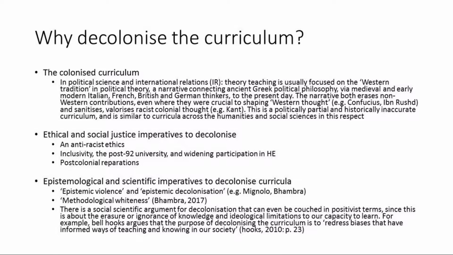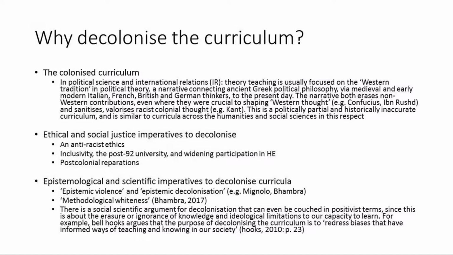Because what these arguments give us, and I've given a few examples here of concepts that are useful for making these arguments, is a language with which to say, well, actually, this is not simply an ethical or political question. It's also a question about epistemology, about knowledge. You're going to have an incomplete knowledge of the world if you choose to ignore the thinkers who actually shaped the theories that we're engaging with here.